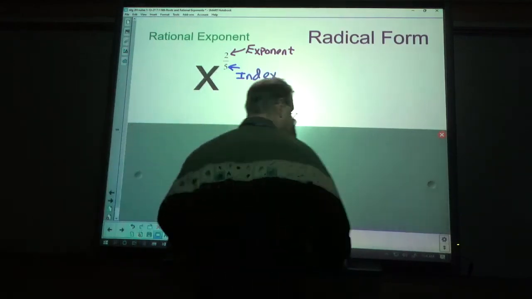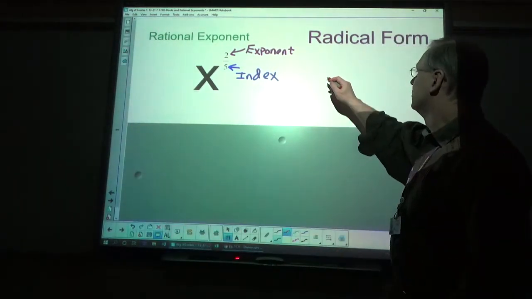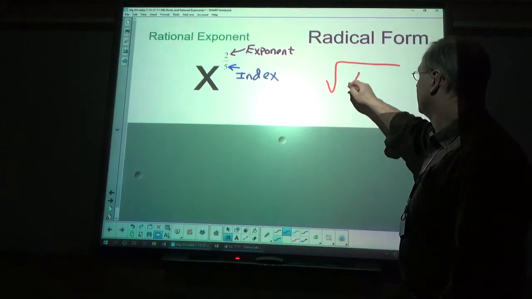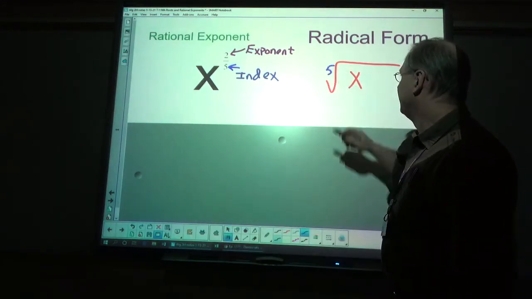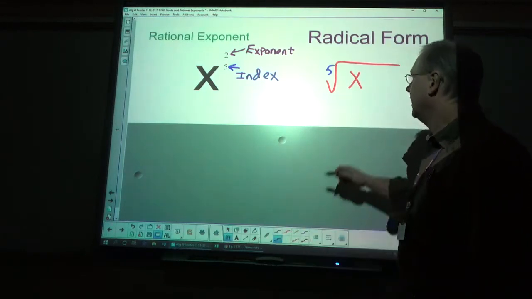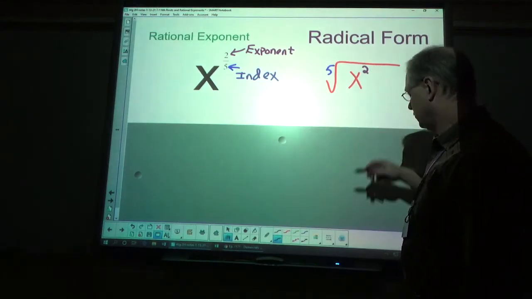All right, so if I wrote this out, we've got our radical symbol, we've got our x. Our index is 5 in this situation, and our exponent is 2.